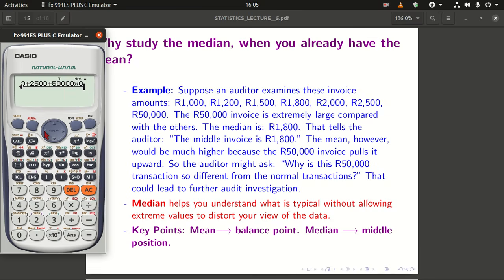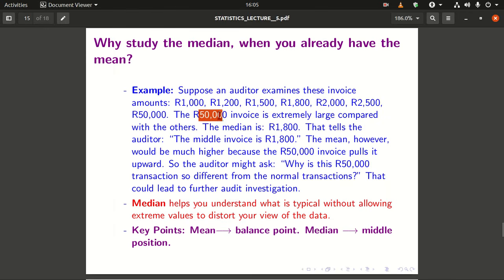But now that I have this 50,000, I'm getting a number that is way above 1,400, which means this 50,000 is pulling the mean closer to the big values, making it larger. So this mean is actually affected by this 50,000. It's moving way too far. In other words, this 50,000 invoice is extremely large compared with the other invoices. So it is too large.